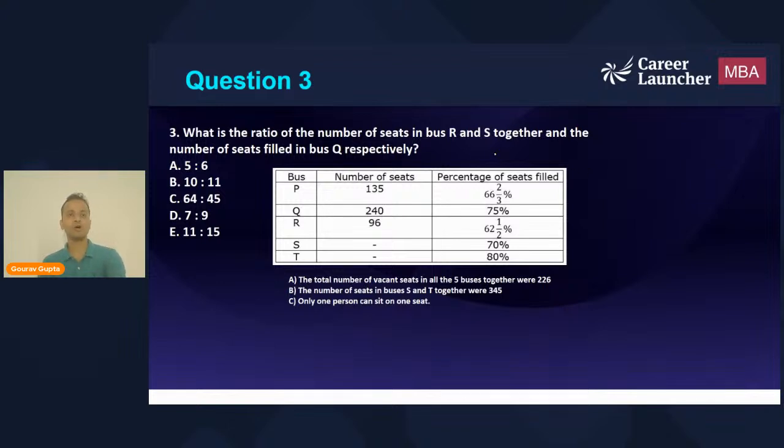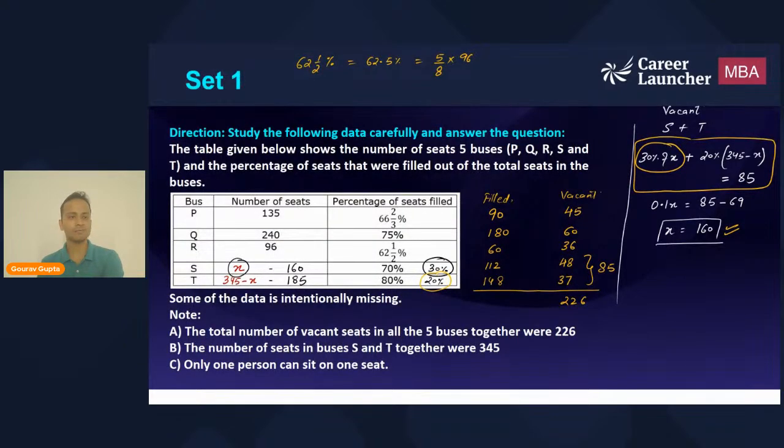Okay. So the ratio of the number of seats in bus R and S together. For R and S, I will have to look at the total number of seats. Bus R has a total number of seats of 96 and S is 160.